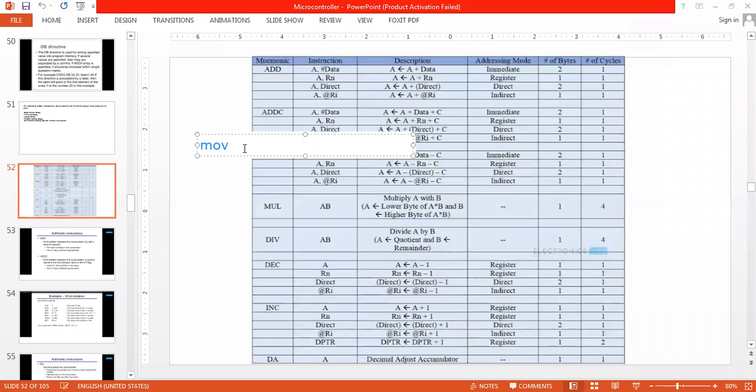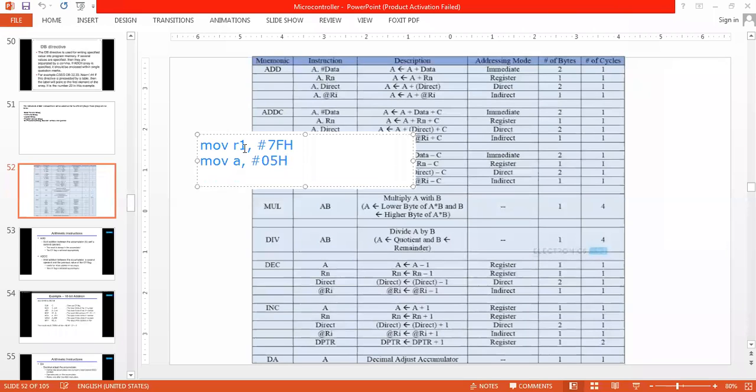So, let me give some one other example. MOV R1, #7FH. Then MOV A, #05H.